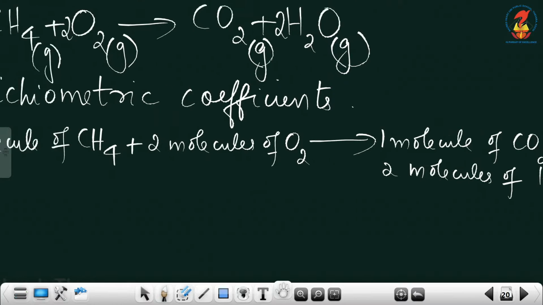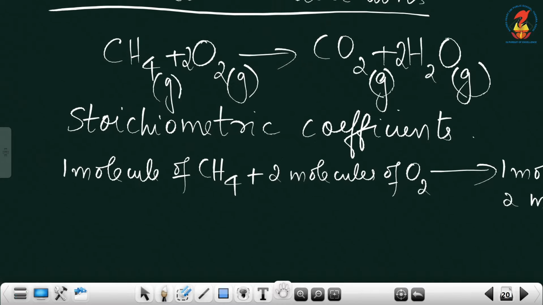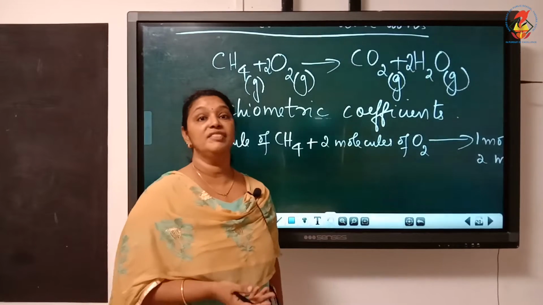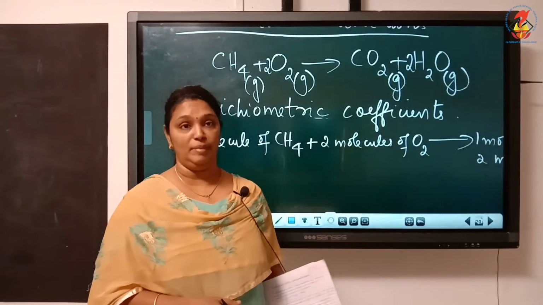So this is the first information that you get from the stoichiometric coefficient. It gives us the number of molecules participating in a chemical reaction.